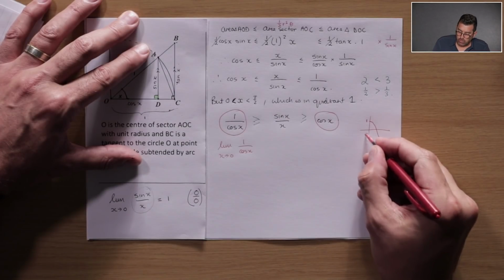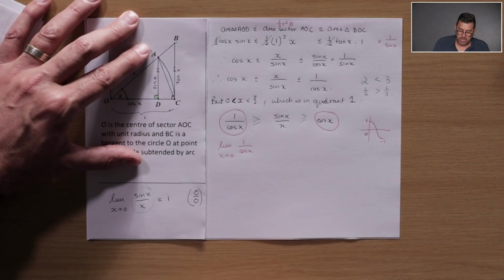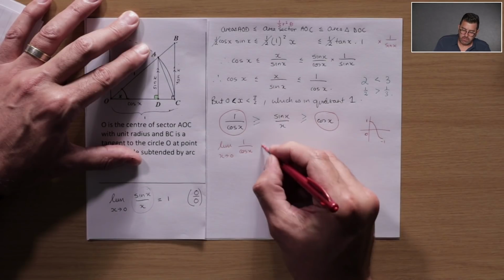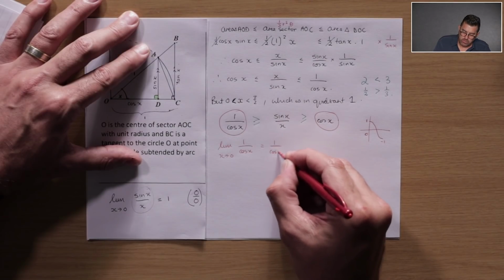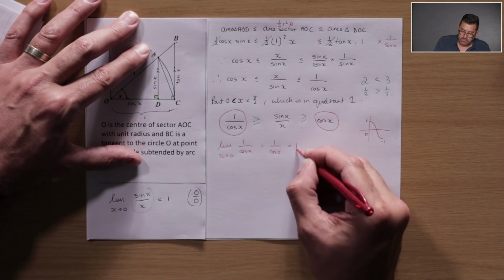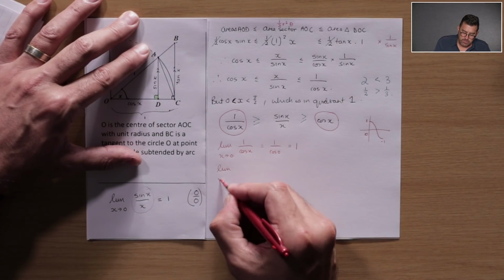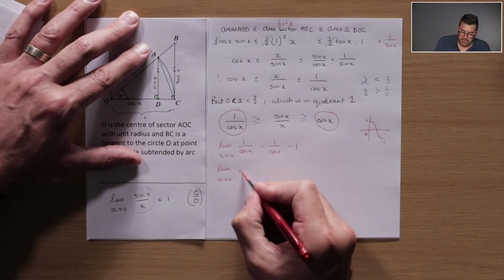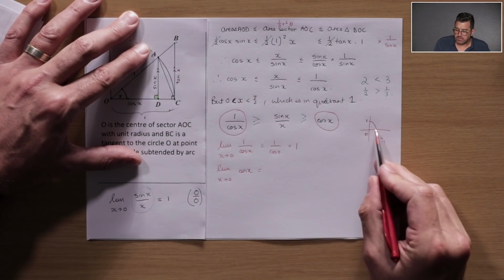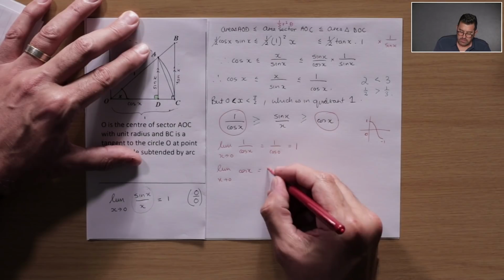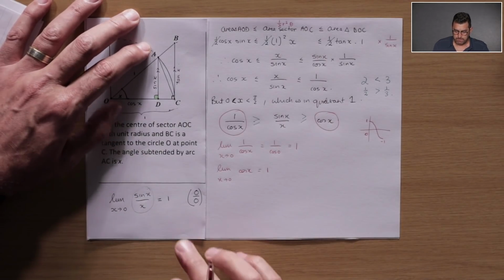So this is naught, and the cosine of naught will be 1. So if I make this 0, I get 1 over the cos of naught, which is 1, so my result is 1. And let's look at what happens there. The limit when x approaches 0 of the cosine of x, well, the cosine of x is 1. So this still stays 1.